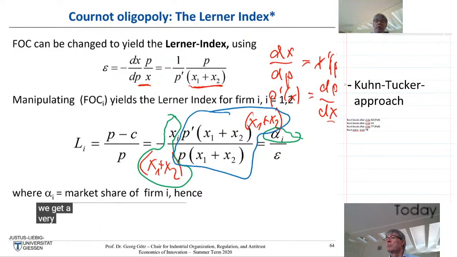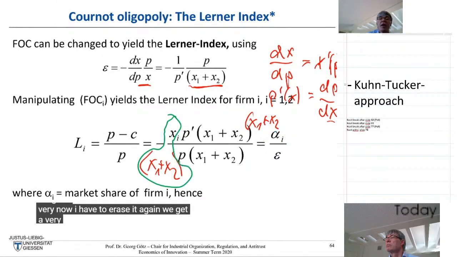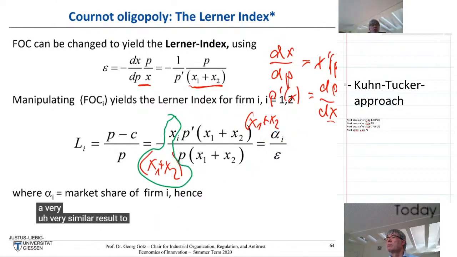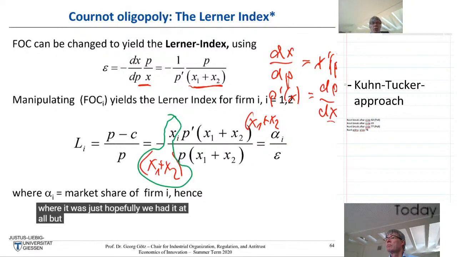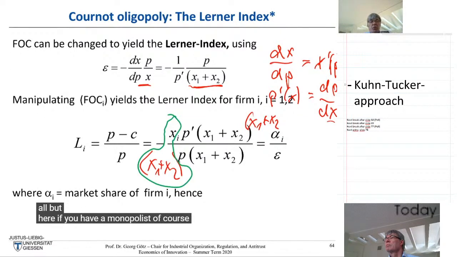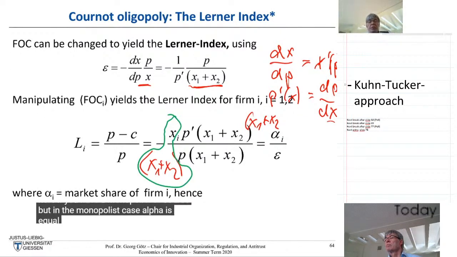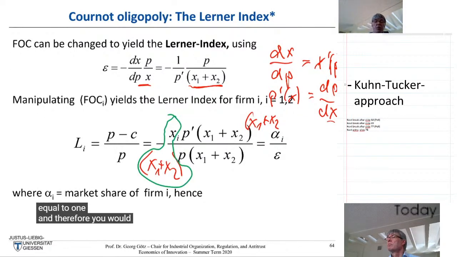We get a very similar result to the monopoly case. In the monopolist case, alpha is equal to 1, and therefore you would have 1 over epsilon.